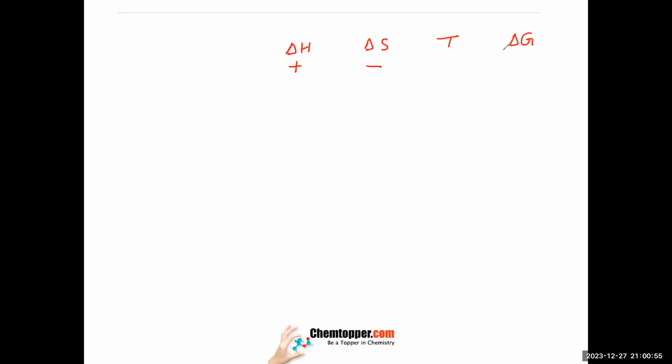Or will it be negative or not negative? You have to think in terms of delta G equals delta H minus T delta S. Yes, Jyoti, can you answer this question? At what temperature can I make delta G negative? Can I make it or I cannot make it? The aim is to make delta G negative.